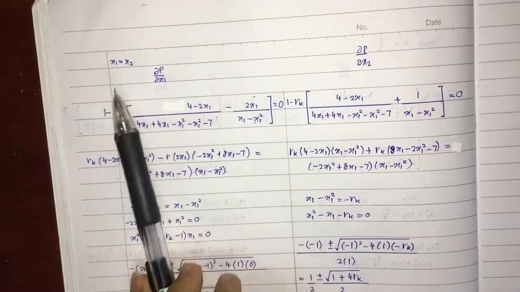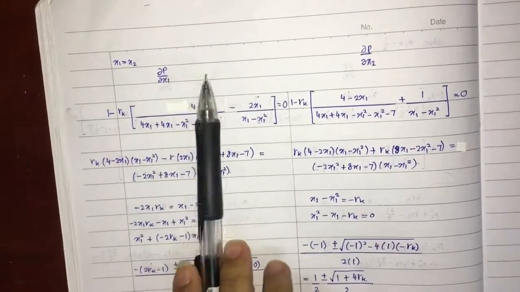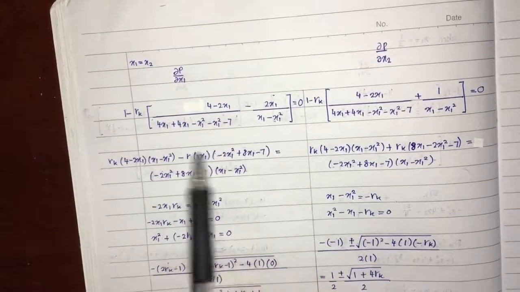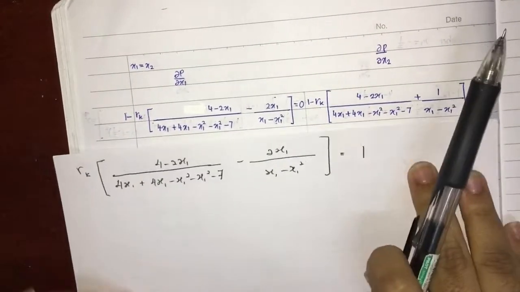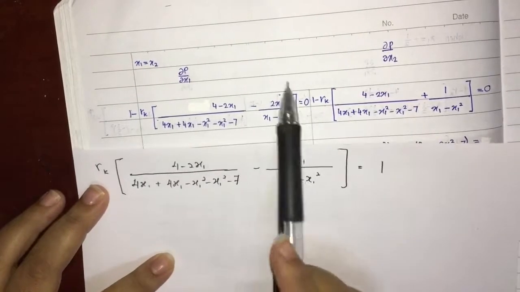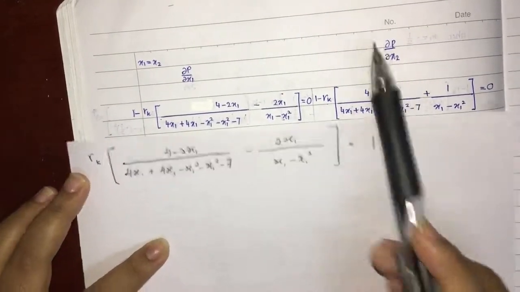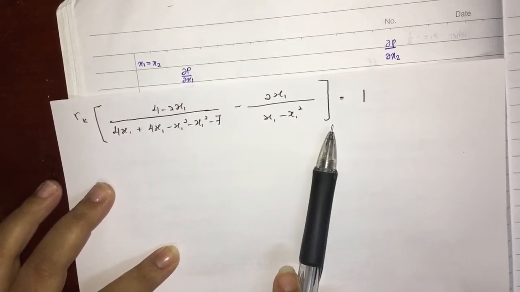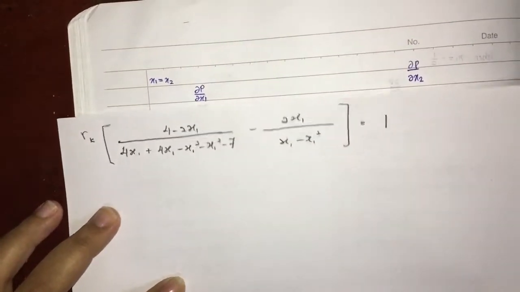So we substitute all the x2 with x1, so we got these equations. Before we get this equation, we will bring this part to the right hand side, and we will get like this to make our work easier.